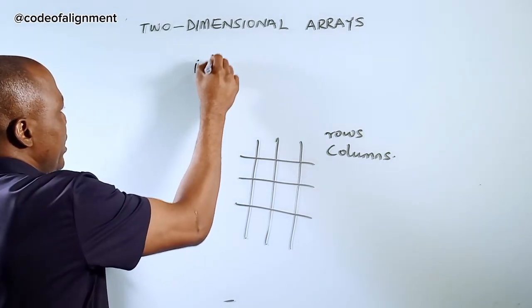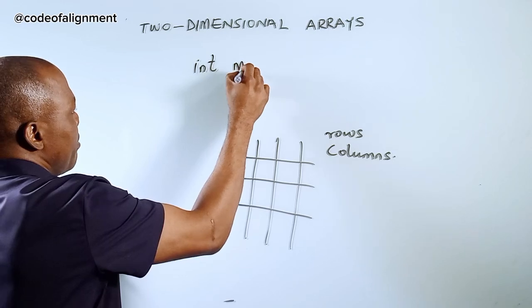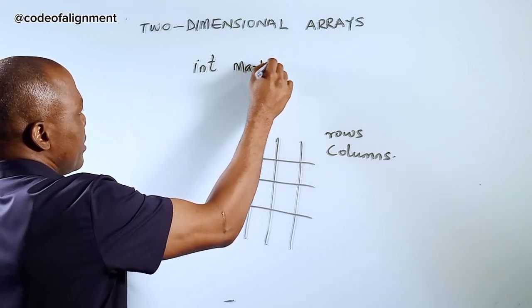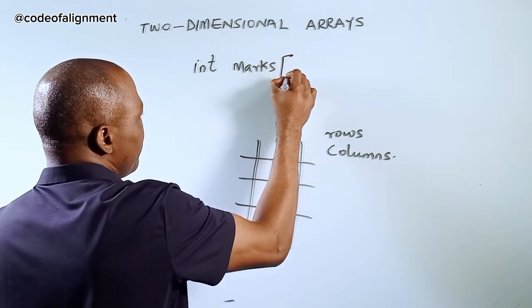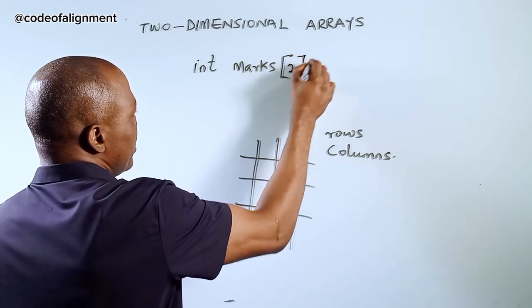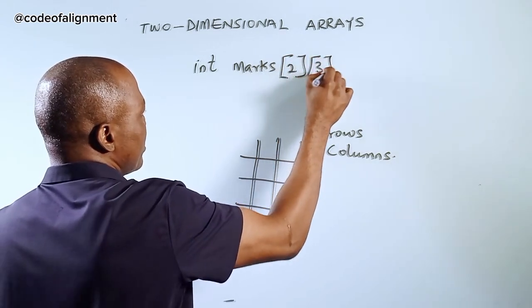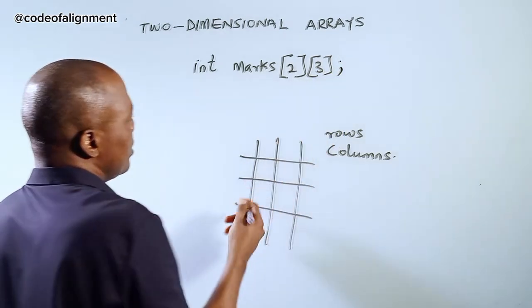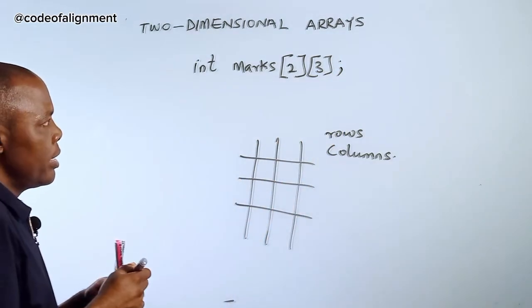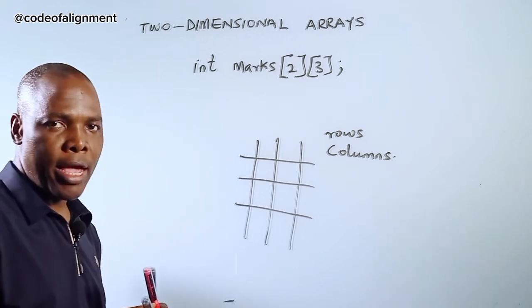Say, if we say int, let's say max, right? And then we have this, and we'll put this in it, and then we have this. So this is how you declare a two-dimensional array.